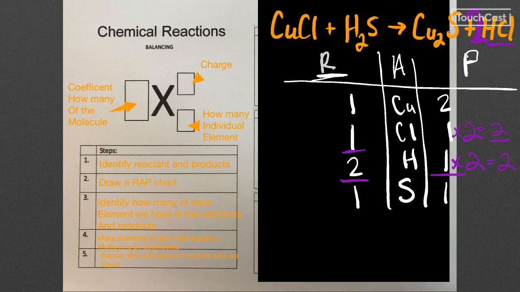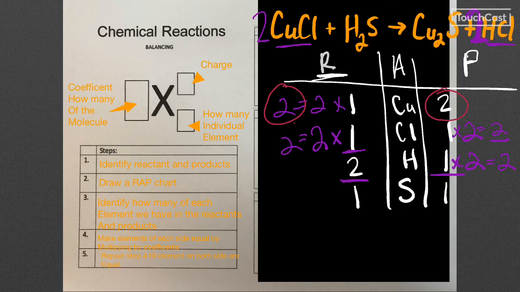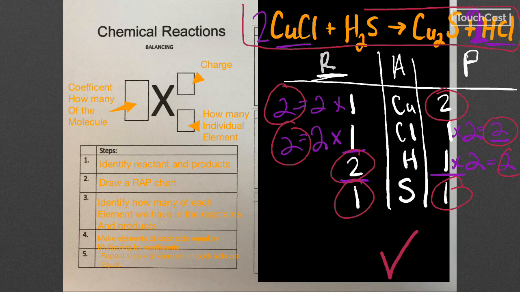So I need to multiply by my coefficient of 2 because chlorine is connected to my copper. I need to put a 2 there, which means I'm also changing my 2. And if I check, I've got 2 coppers on both sides. I've got 2 chlorines on both sides, 2 hydrogens on both sides, and 1 sulfur on both sides. So we're done. And this would be my answer.